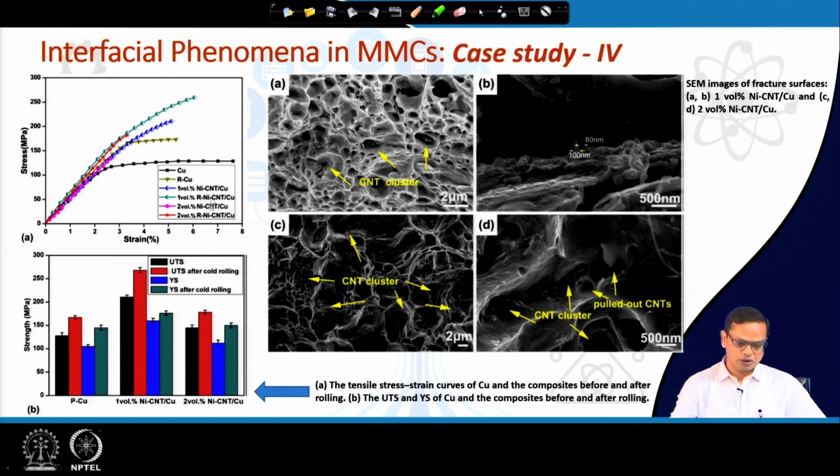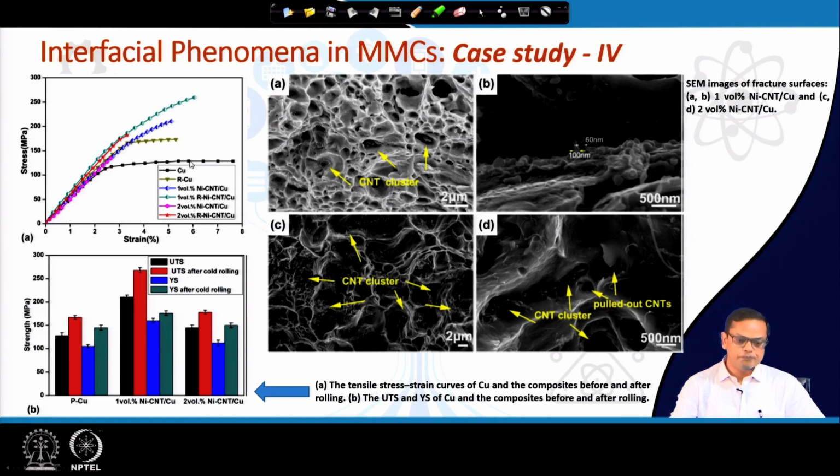All these specimens have been spark plasma sintered and then cold rolled, and then mechanically tested. So, this one is for pure copper. You can see clearly copper is a ductile material. It shows nice elongation as it is tensile tested.